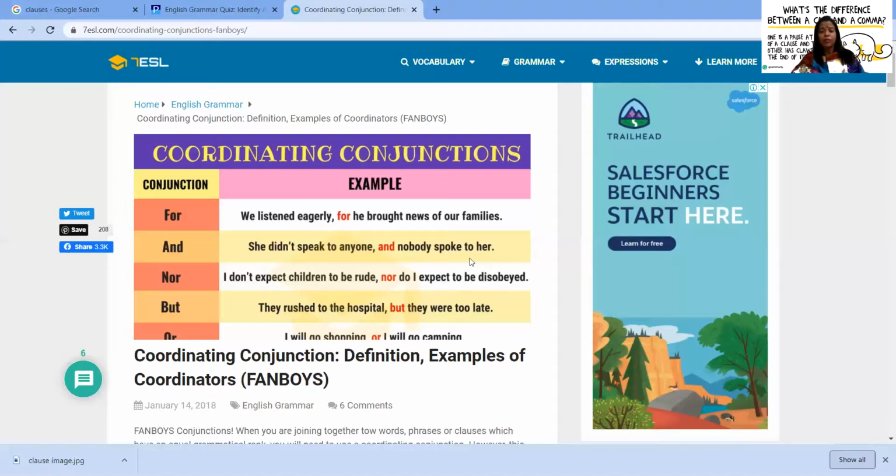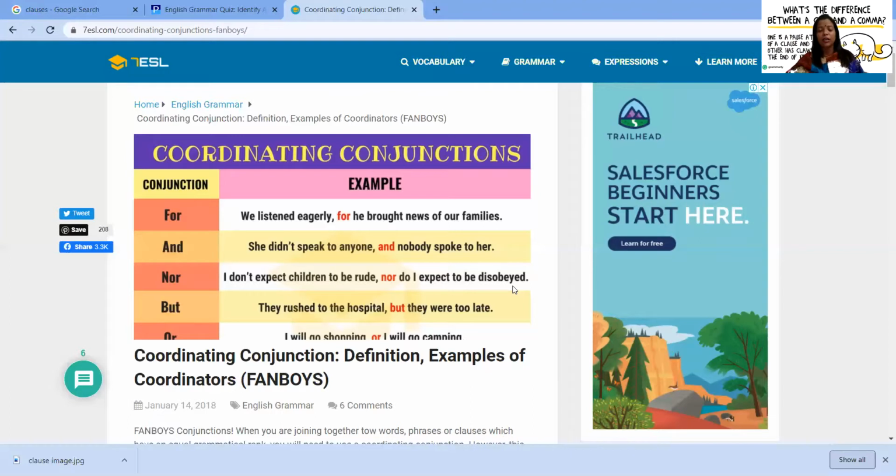So I don't expect children to be rude; that is out of my expectations. And nor do I expect to be disobeyed. That means I don't want myself to be disobeyed. Whatever I say, you all need to obey. You all need to listen to me very carefully, because whatever I'm saying is actually beneficial and it will be fruitful if you pay attention. So that is how nor is used.